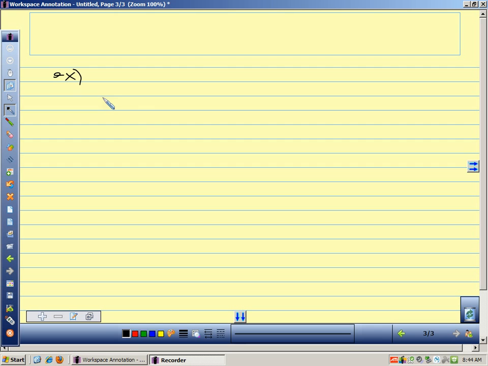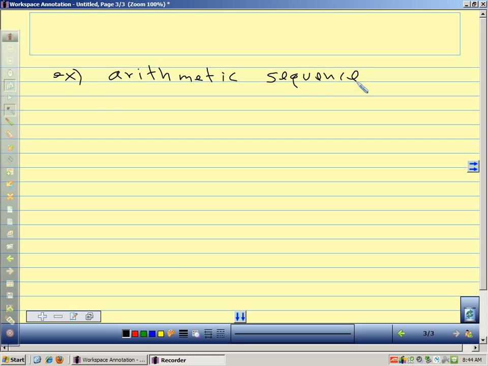So let's say we have an arithmetic sequence. a sub 1 equals 9, and the common difference d equals 5, and we want the nth term.